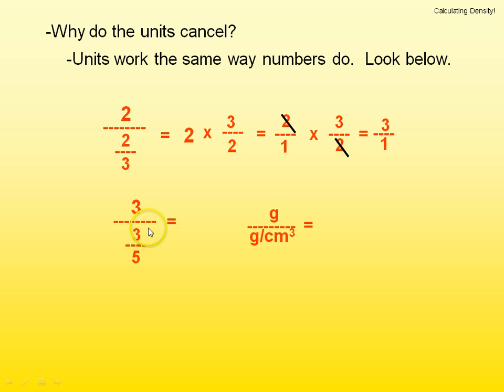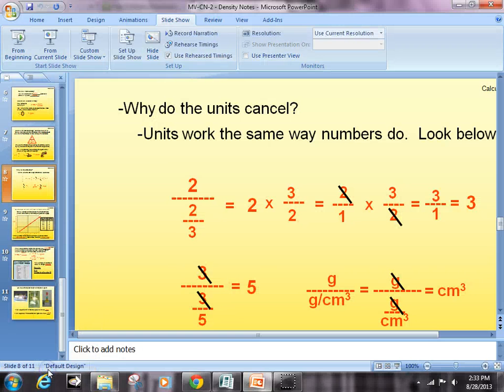Same thing, 3 divided by 3 over 5 would be just 5. So grams divided by grams per centimeter cubed would be just centimeters cubed. Voila! So we can pause here for a moment and get ready for the last page of the calculating density notes.